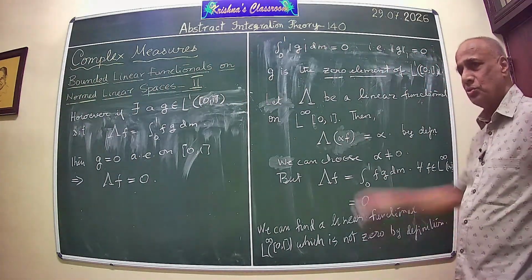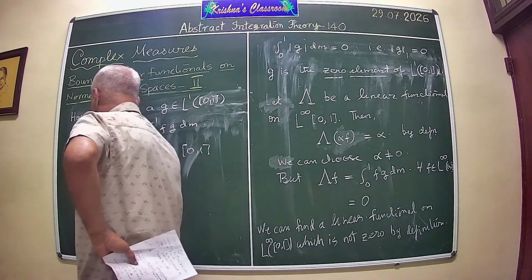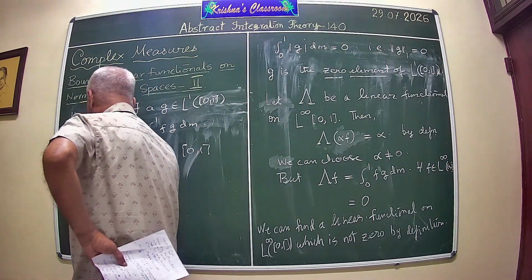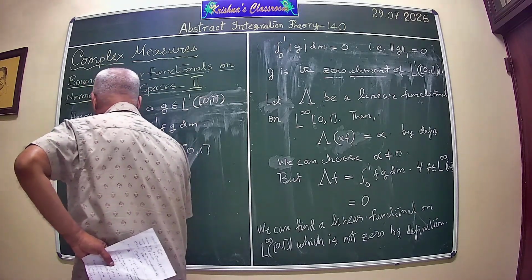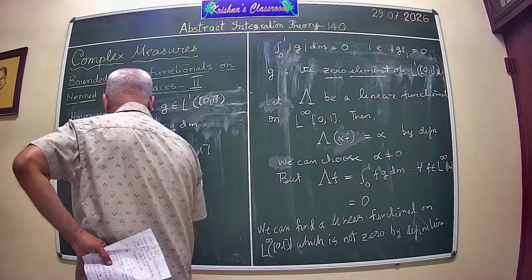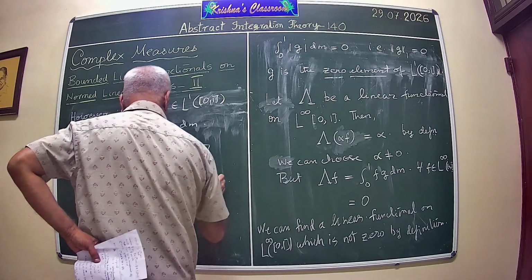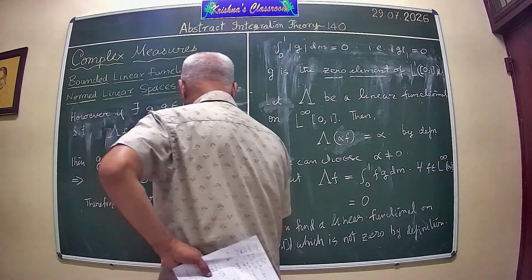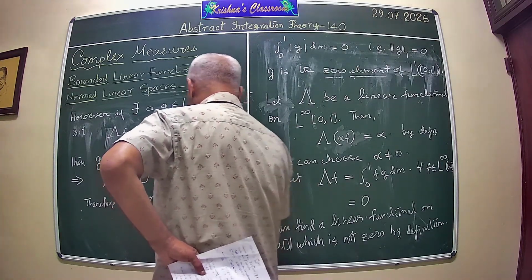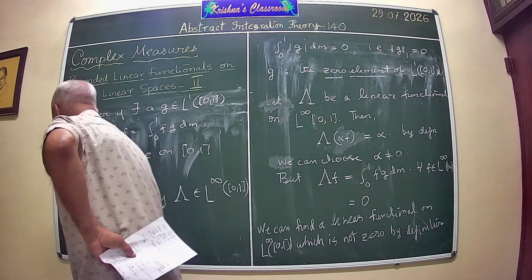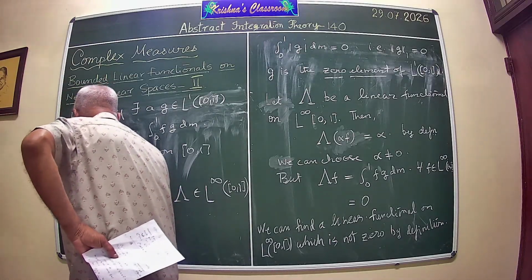So these two things do not agree, hence therefore not every lambda has a representation.